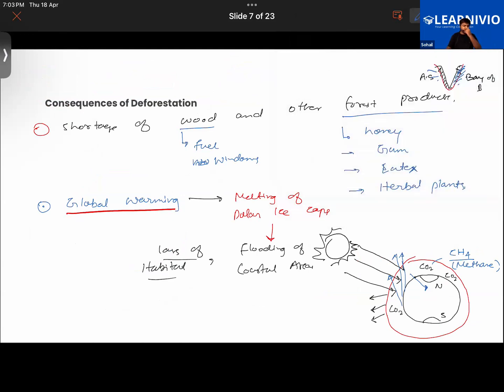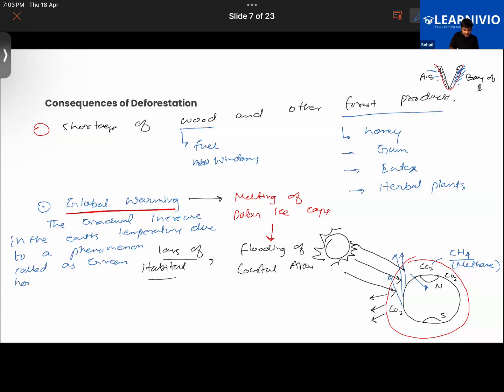So for global warming, you will write it is basically the gradual increase in the Earth's temperature due to a phenomenon called the greenhouse effect. Write this down.